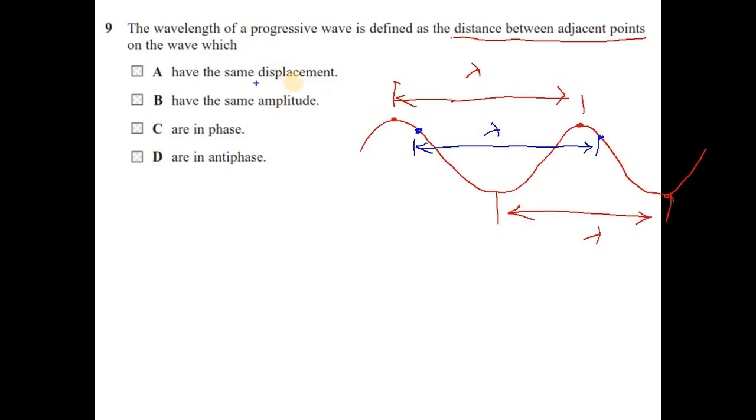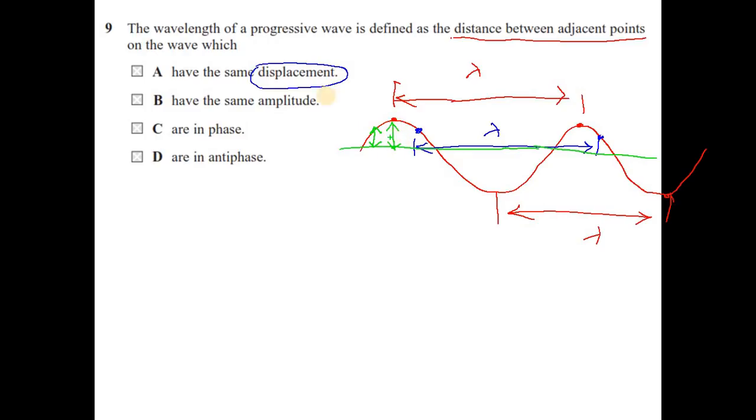So it cannot be a displacement, because displacement is all about vertical displacement. We measure displacement vertically from the mean position. If this is the mean position, the green line, then displacement is all about the vertical position. Amplitude is the maximum displacement.